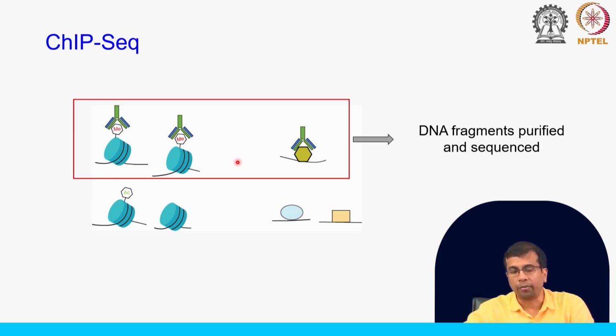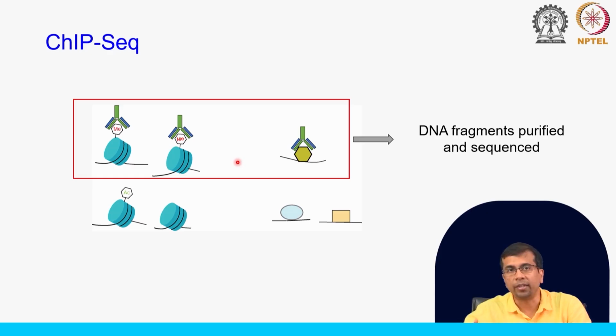Okay. So, here what we are doing is we are taking a specific antibody, and this antibody is designed so that we can identify our proteins of interest or our DNA modification of interest. So, let us say the H3K9Me3 modification that we are interested in. We will design an antibody against that H3K9Me3.